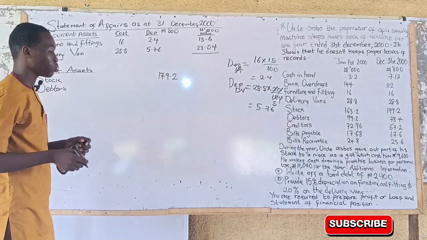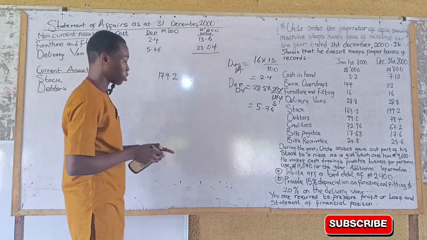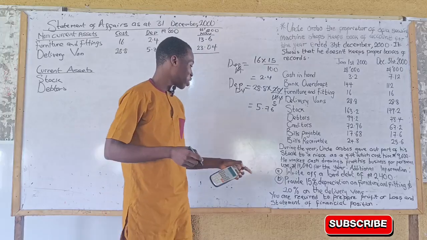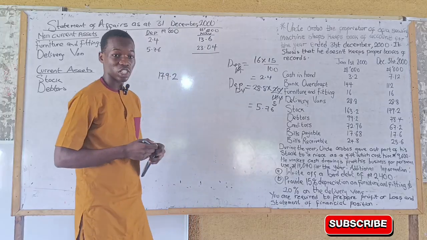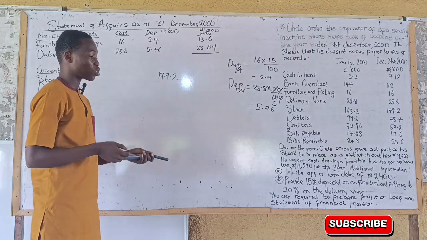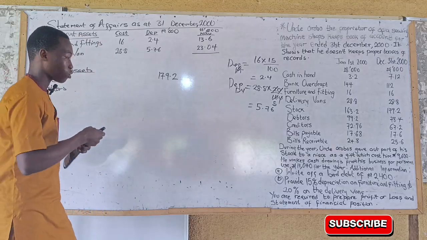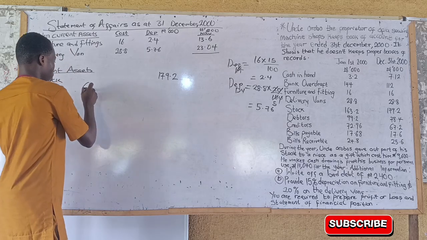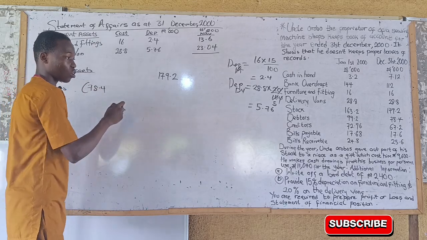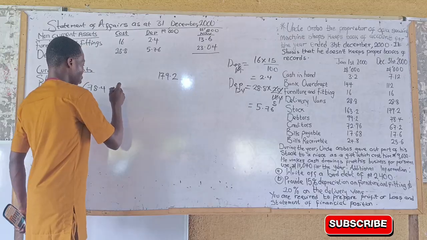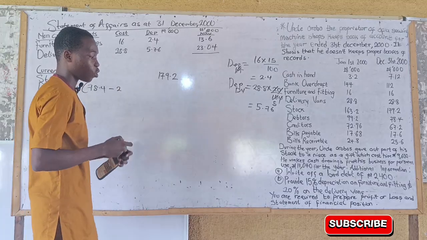But don't forget, we are going to make a provision because there's additional information which talks about writing off a bad debt of 2,400. That is, maybe the customer cannot pay again. So we need to write off from our debtors balance. So we have the debtors at the end to be 78.4, then minus the bad debt we have to write off, which is 2.4.